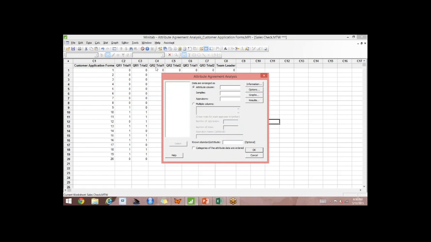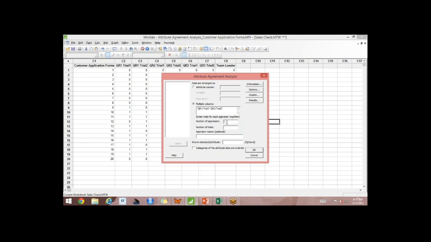Since I have data in multiple columns, I select this option, multiple columns. And it's given here, enter trials for each appraiser together. So I have quality representative 1 who has performed trial 1, trial 2, quality representative 2 who has conducted trial 1, trial 2, and trial 1, trial 2 for quality representative 3. I select everything and click on select. It's going to populate the information here.